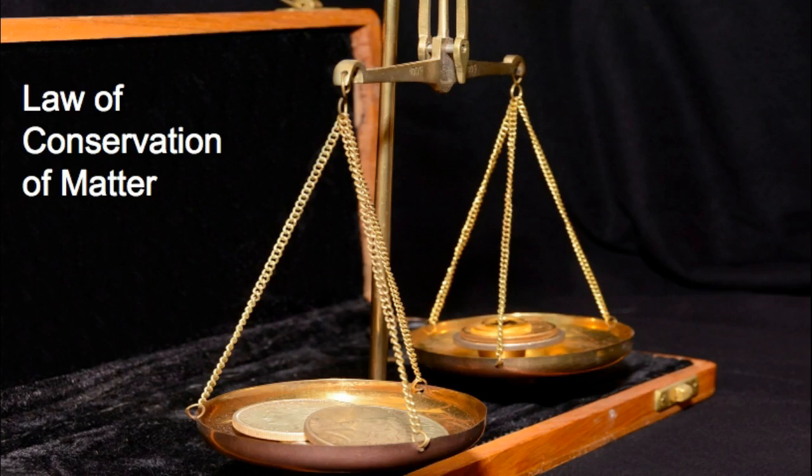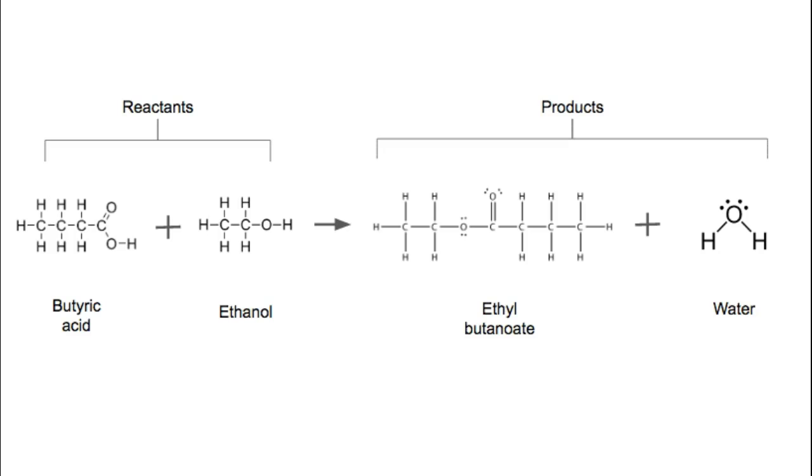So if we were to take another look at the reactant, you'll notice that the number of carbon atoms on the reactant side is the same as the number of carbon atoms on the product side. Okay? There's 6 carbons between butyric acid and ethanol.